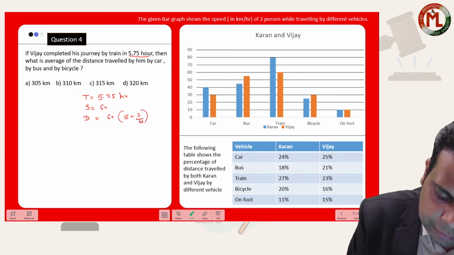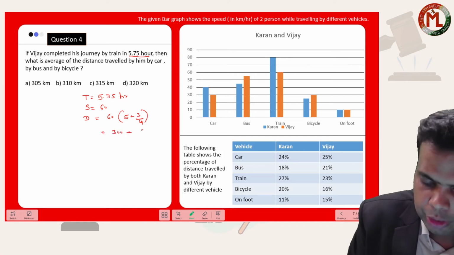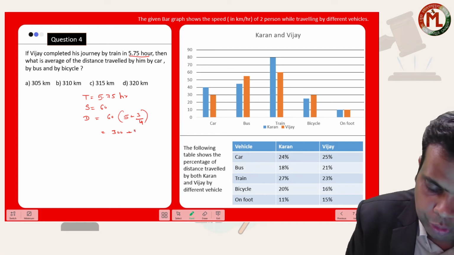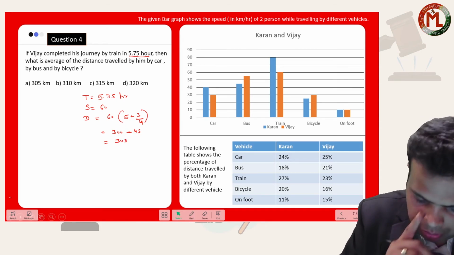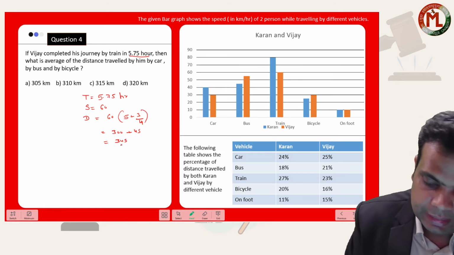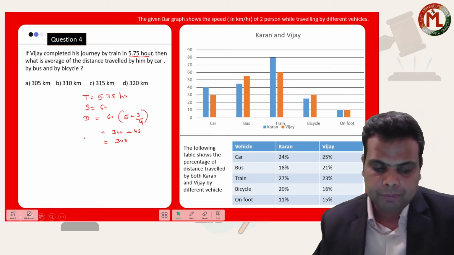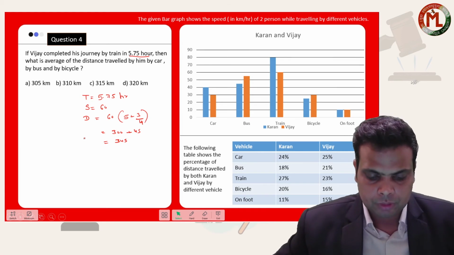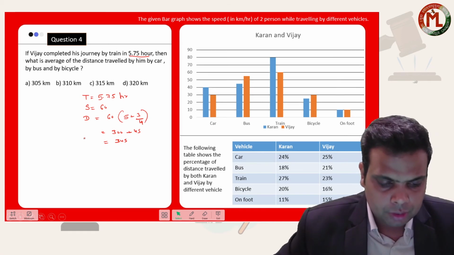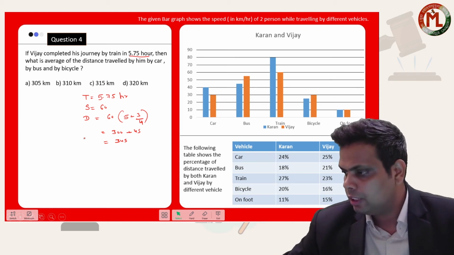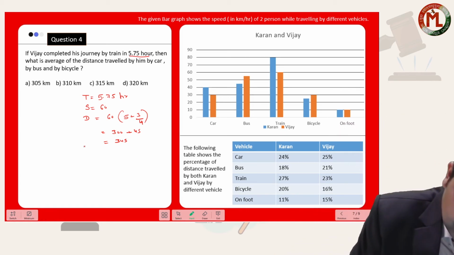How is it easy? 60 into 5, that is 300, plus 60 into 3 by 4, 15 into 3, 45, right? This is 345. Again 345 is the distance traveled by Vijay by train. I can write it like this.